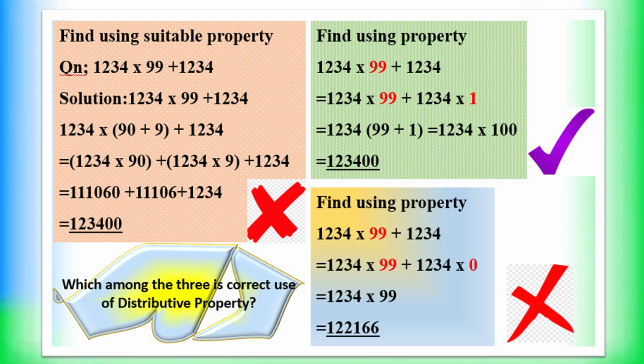It has two operations, into and plus both. So it is easy for us to identify that it is demanding distributive property.